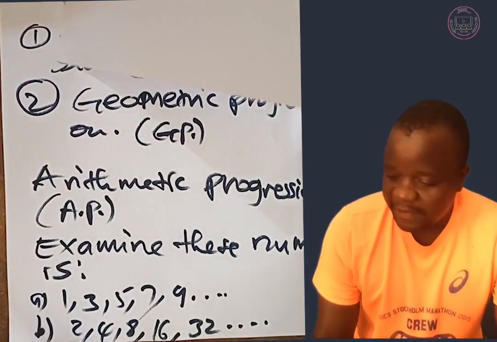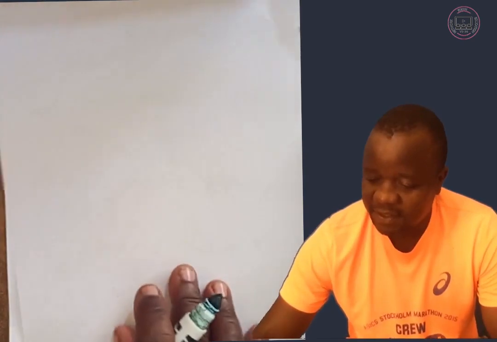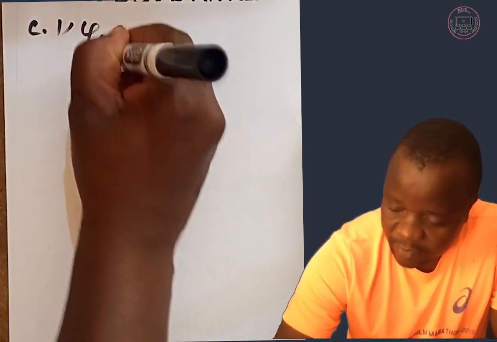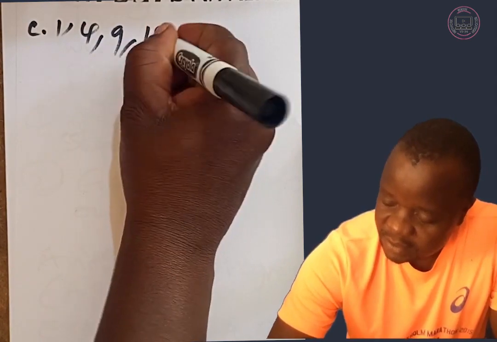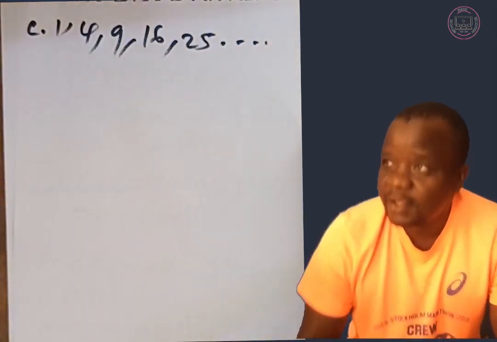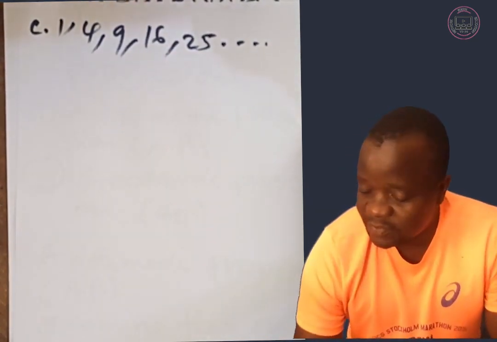Now we can have a third sequence: 1, 4, 9, 16, then 25. So these are some of the sequences that we have.